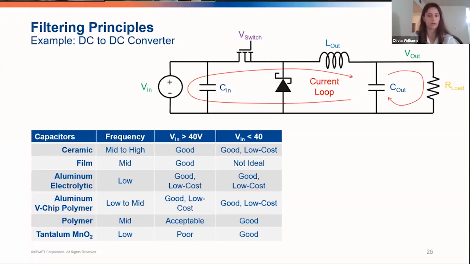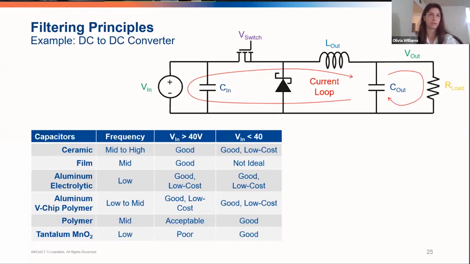Aluminum electrolytics are pretty great at lower frequencies, but tend to not be the best as frequency increases, since they suffer from what's called capacitance roll-off, where you actually lose some of your capacitance as the frequency goes up. They also have some higher ESRs than what you might want.